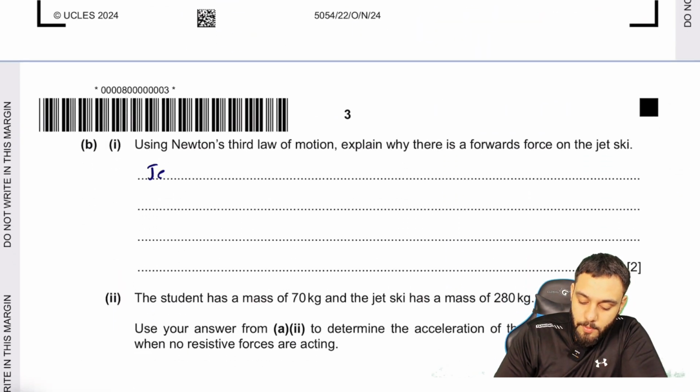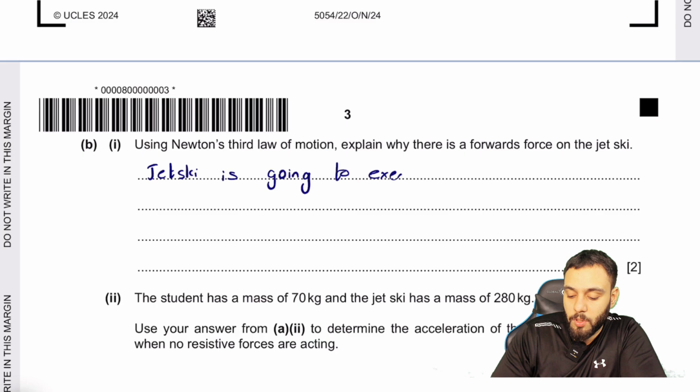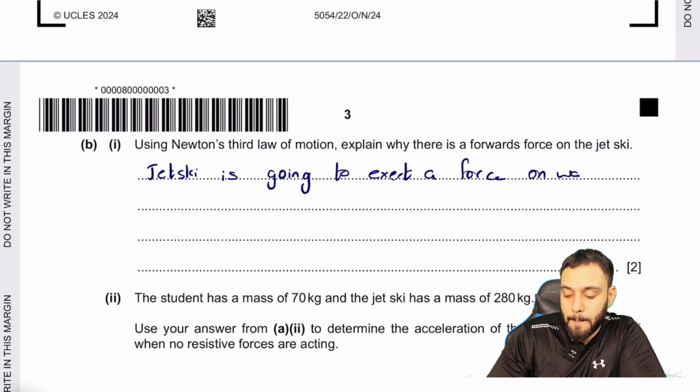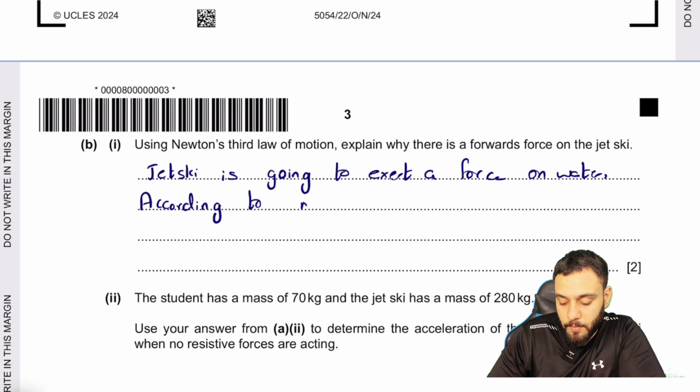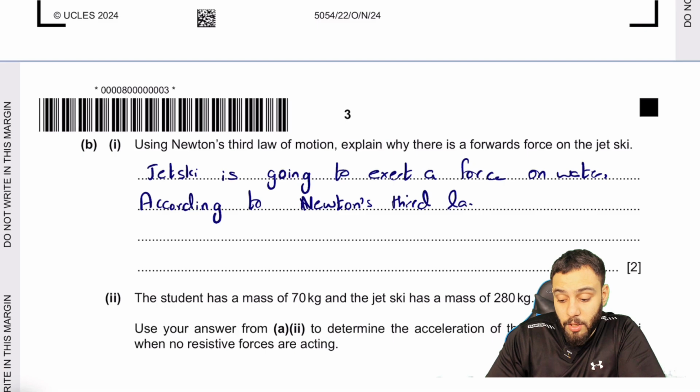Jet ski is going to exert a force on water according to Newton's third law. What's going to happen?